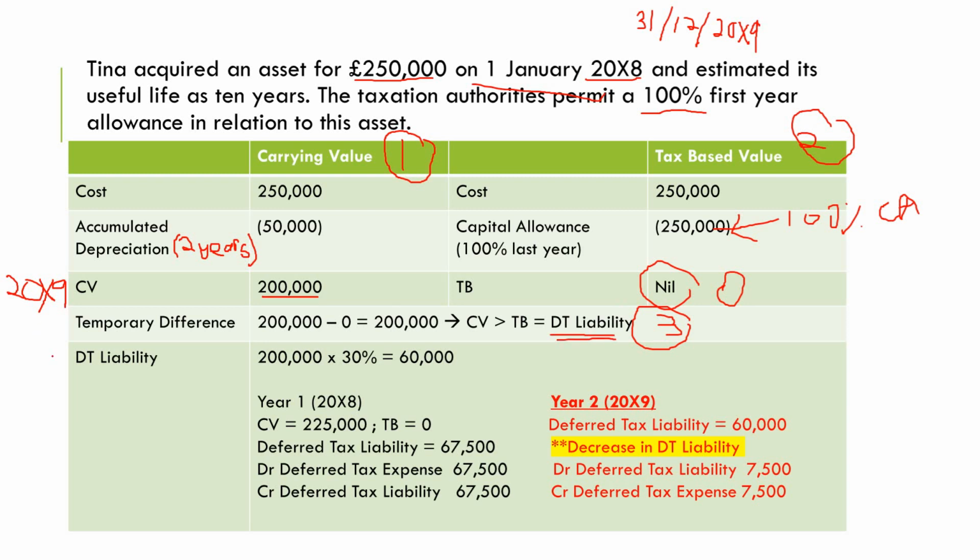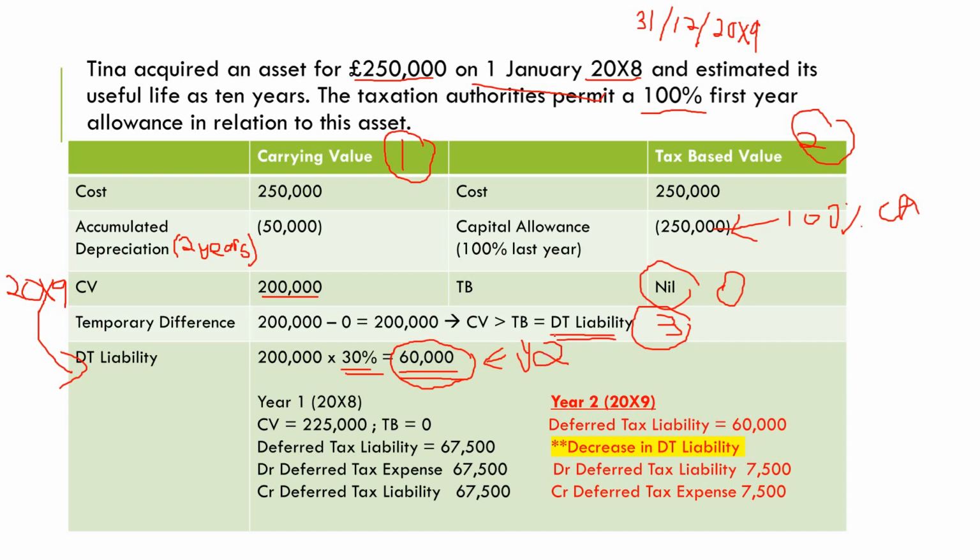So for 31st December 2009, you have to recognize deferred tax liability of 60,000. You take the difference here, 200,000 times the tax rate. So the deferred tax liability to be recognized for 31st December 2009 is 60,000. And remember, this is for the second year.